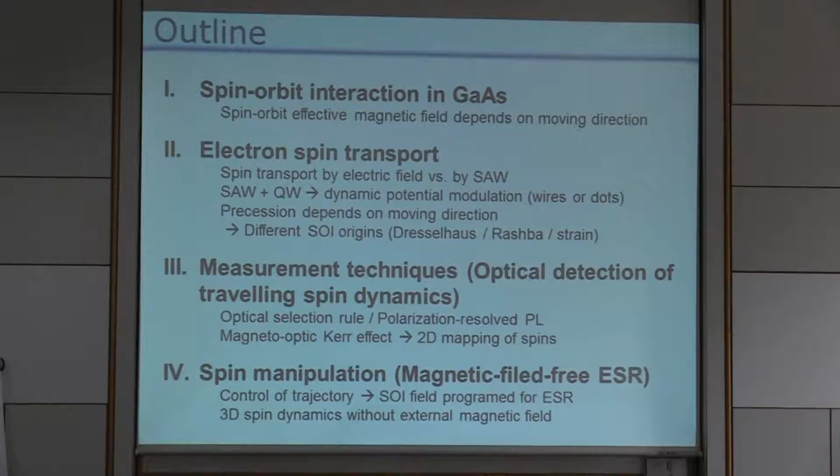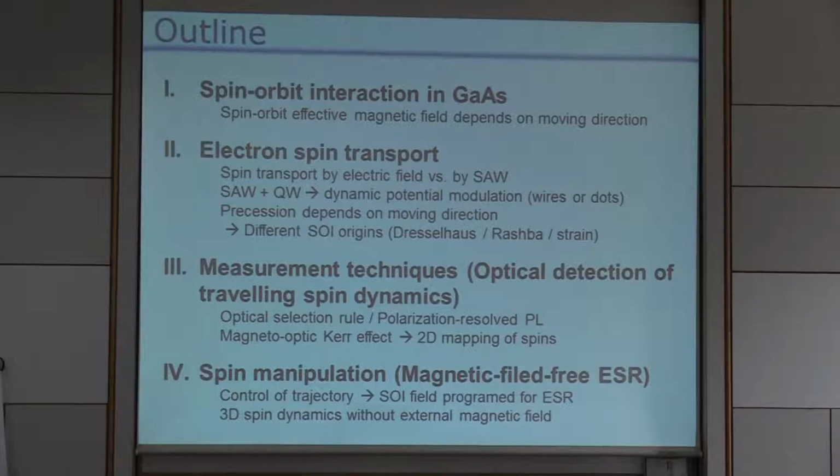So this is the outline of my talk. After a brief introduction, I will start with how spin-orbit interaction in gallium arsenide acts on electron spin transport. We need electron spin transport, so I will compare electric field spin transport and acoustic spin transport.